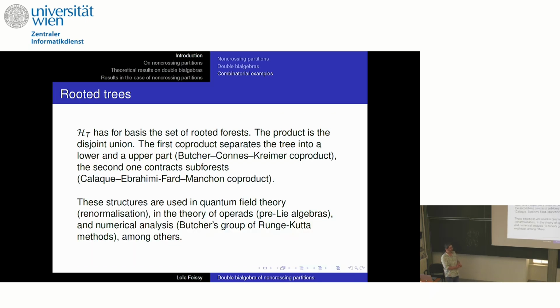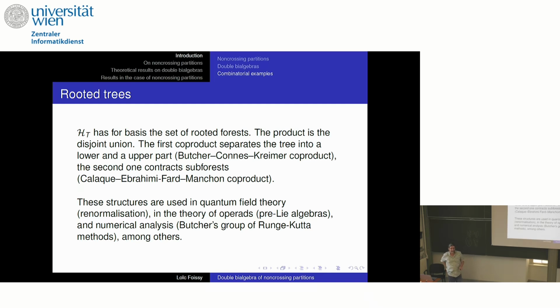So another example, which is maybe the first one which really appears, is based on rooted trees. So the algebra is quite famous. It first appears really in a paper from Connes and Kreimer, whose subject was quantum field theory. In fact, for this sort of physical stuff, they needed an algebra based on Feynman graphs, and they had a simple model which was based on rooted trees.